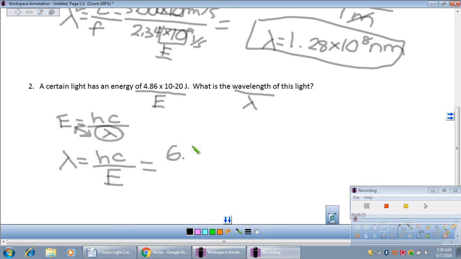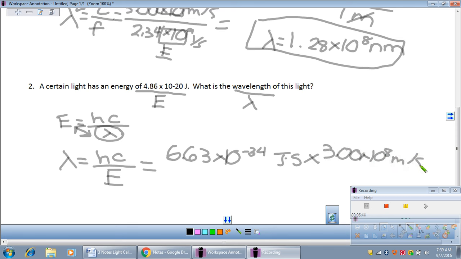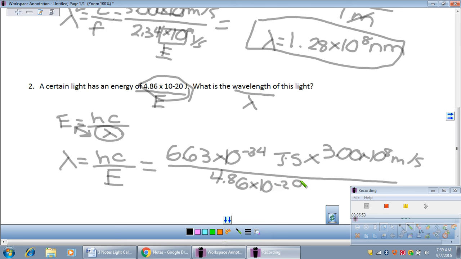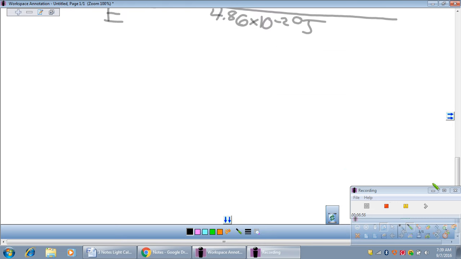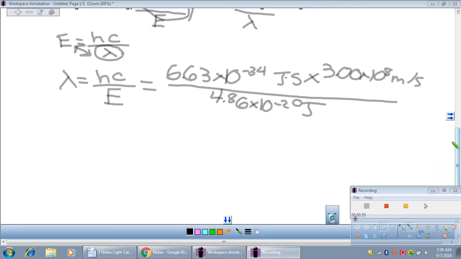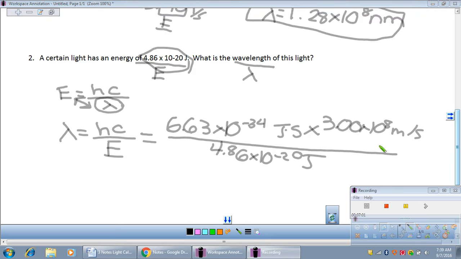So Planck's constant, 6.63 times 10 to the negative 34th joule second, multiplied by the speed of light, 3 times 10 to the 8th meters per second, all divided by the energy given to us in the problem, 4.86 times 10 to the negative 20th joules. Be careful typing into the calculator. Make sure that you use second comma to use your EE anytime you see times 10.